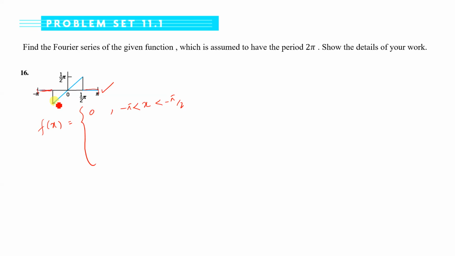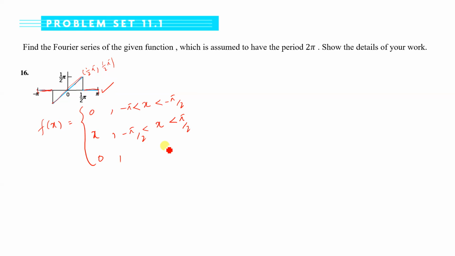And from this, you can see that this point is half of pi. So this is the graph of y is equal to f(x). It means f(x) is equal to x when x lies between minus pi by 2 and pi by 2. Again, after pi by 2, that is between half of pi and pi, the value of the function is 0.